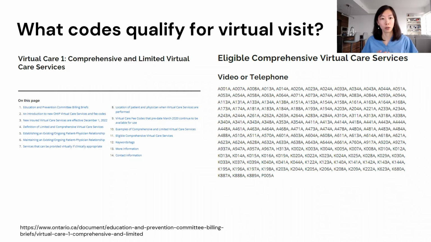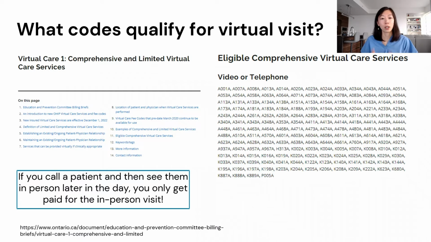There are certain codes that qualify for virtual visits, and I've listed them all out here. So you want to remember to use this as a reference, just because the K codes, K301, K300, may not necessarily be allowed to be billed for every single billing code, only certain ones that are listed on the screen. And the other thing to remember is that if you call a patient and then you see them in person later that day, you will only get paid for the in-person visit, not for the phone call.